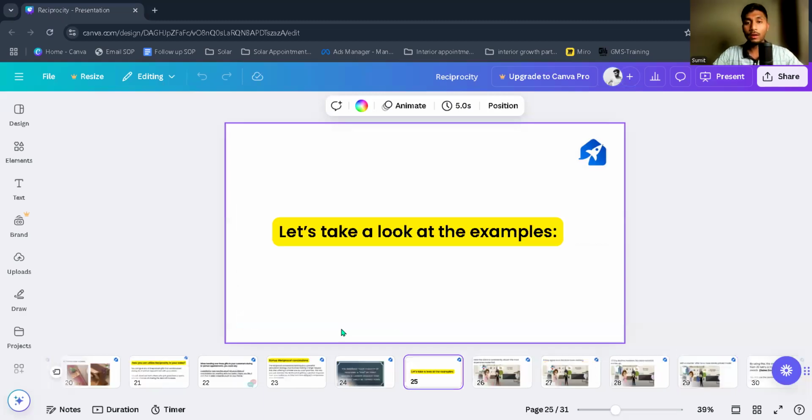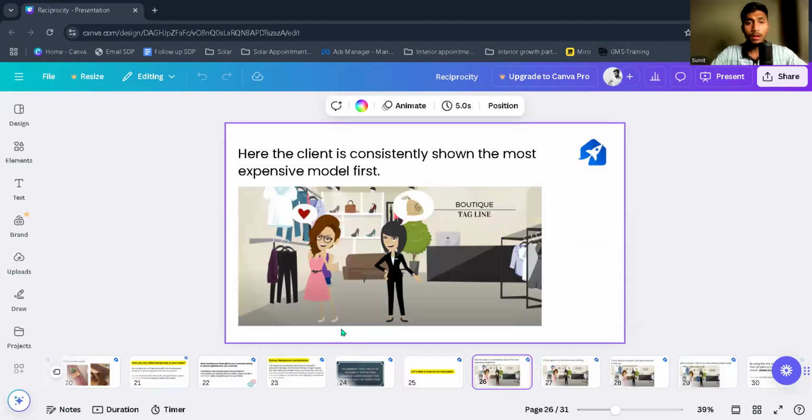And let's take a look at the example. So here a client is constantly shown the most expensive model first, right? The client is shown the best of the best dresses of the showroom, right?